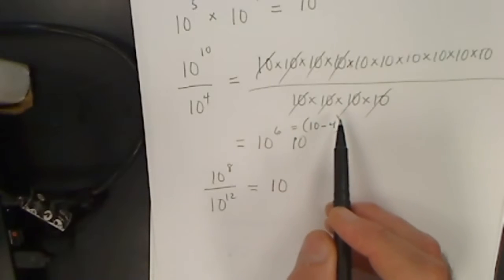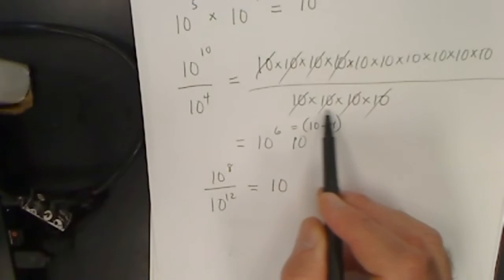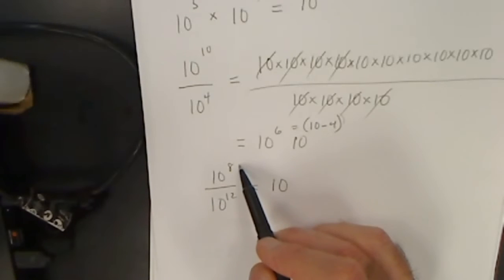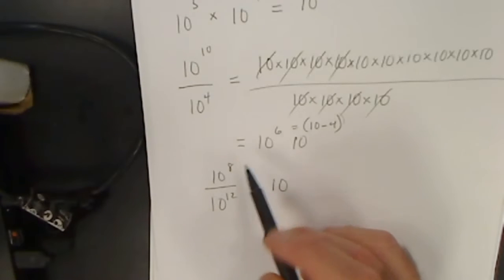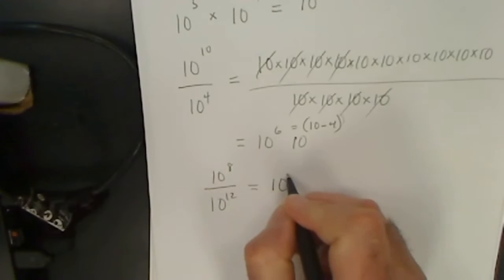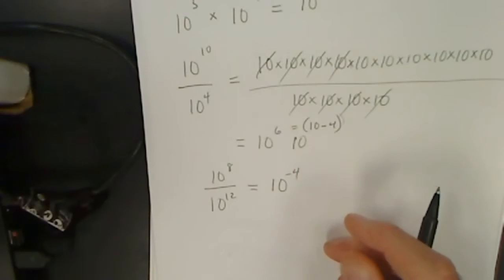But you don't want to do all that. Just do it this way. So 8 minus 12 is minus 4. Very good. That's it.